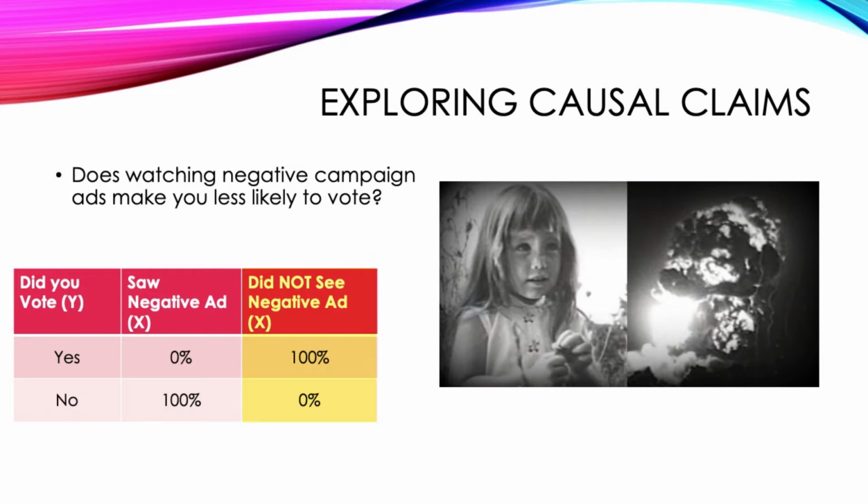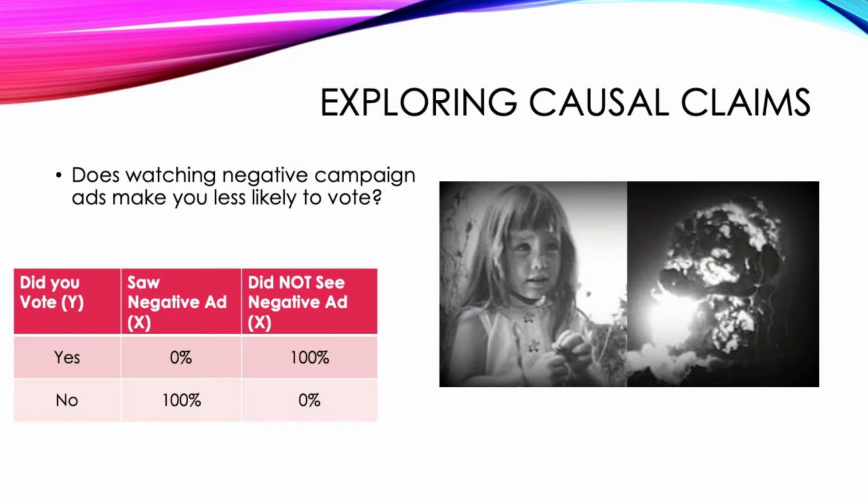So this might beg the question, well, did watching or not watching the negative advertisement, did that cause people to vote in a specific way? So just looking at this data on its face, we might jump to the conclusion that, yeah, maybe people who saw a negative advertisement, that resulted or caused them to not vote.